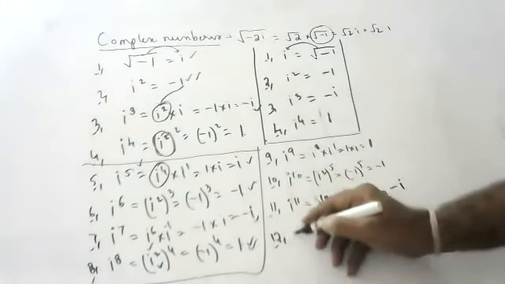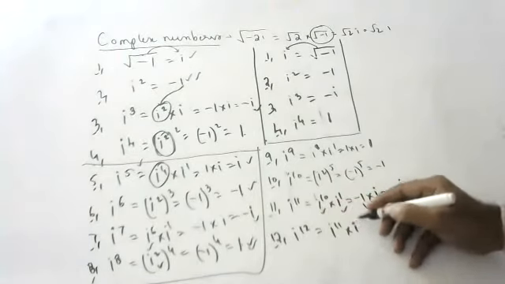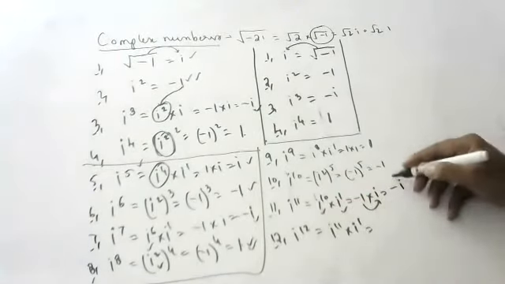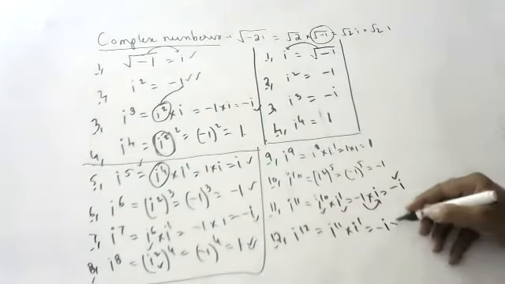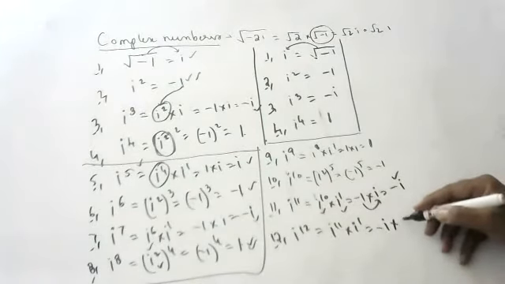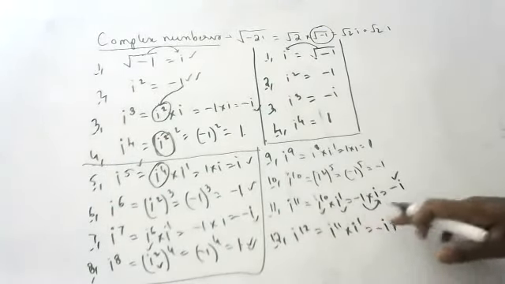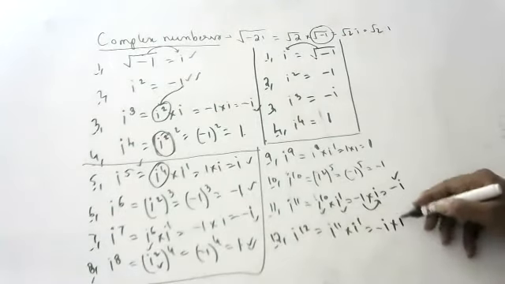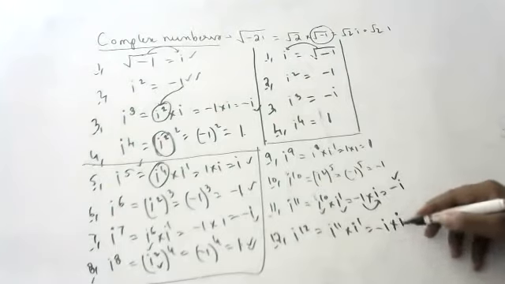Narayana, I to the power of 12. Sir, I to the power of 11 into I to the power of 1. I to the power of 11 is how much? Minus I. Minus I into I. How much is this?